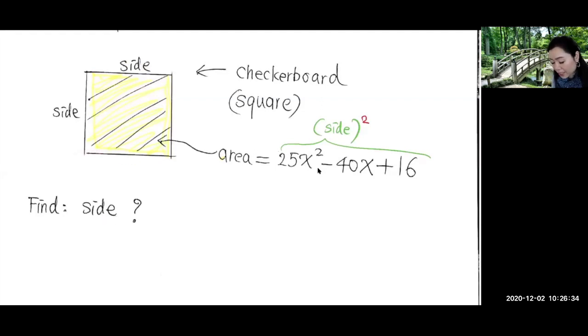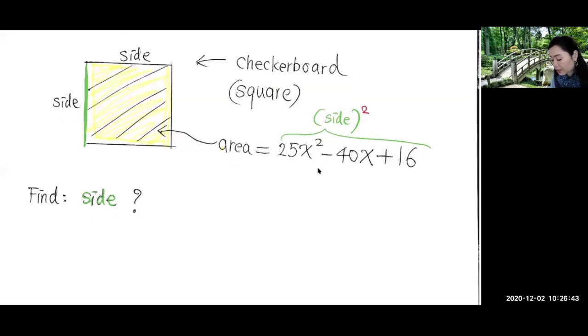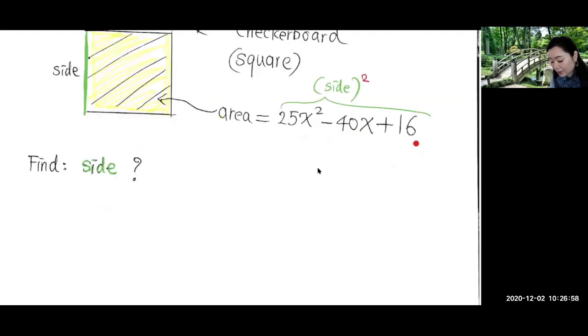How can we find this side? In order to find this side, you just need to rewrite this one into a perfect square. If I can write it as a perfect square, then the base will be the side.